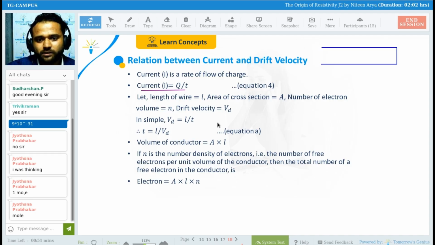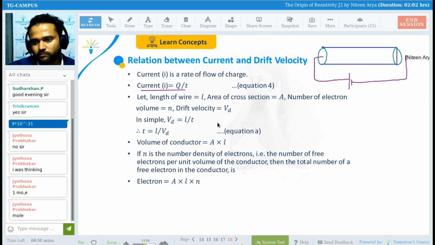So suppose this is a conductor. In this we have electrons. The moment I apply this battery, this is the positive and negative terminal.